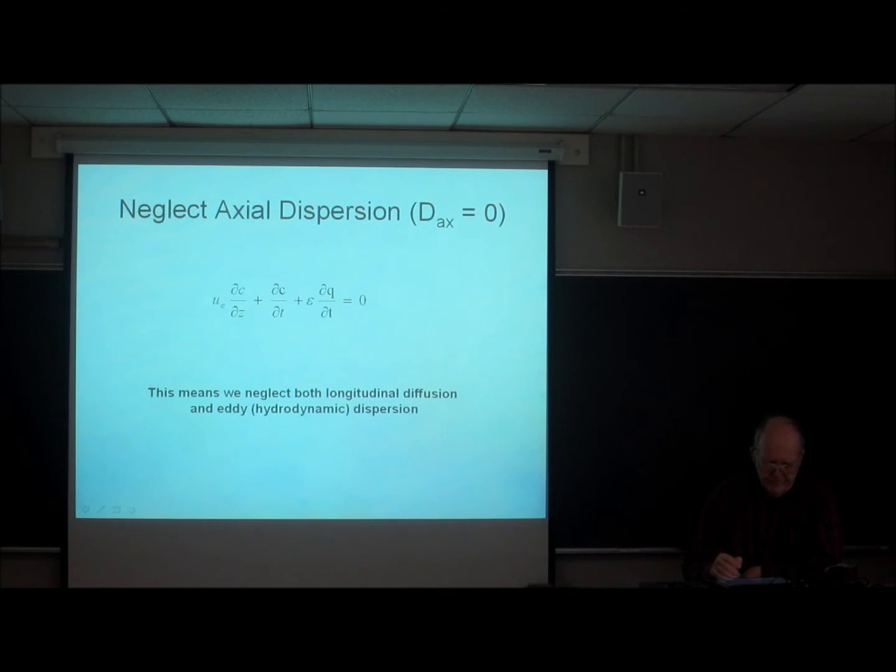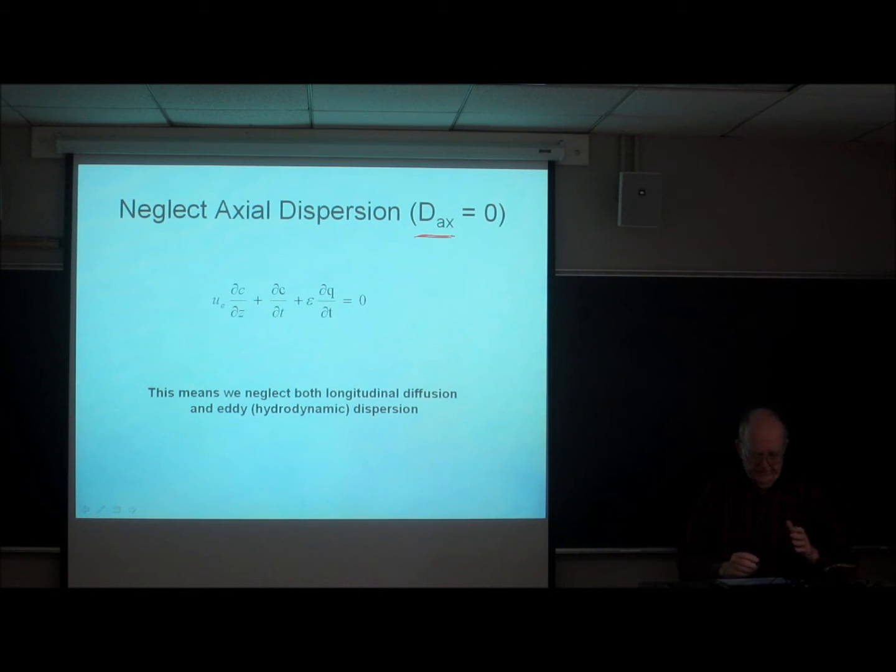Now, the first approximation we'll make is we're going to neglect axial dispersion. So we're going to turn off longitudinal diffusion, and we're going to turn off eddy dispersion. Get rid of them.